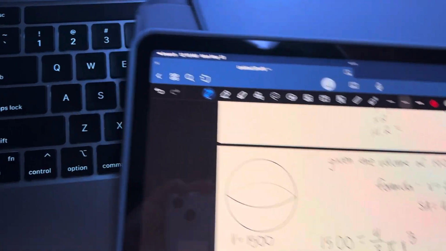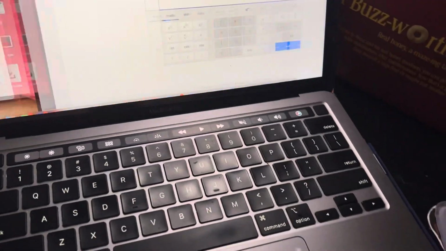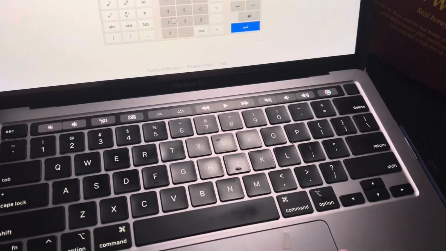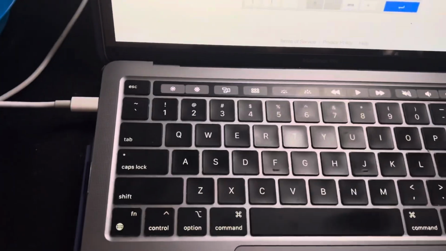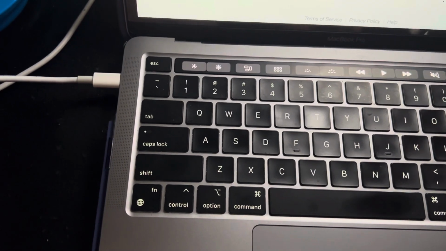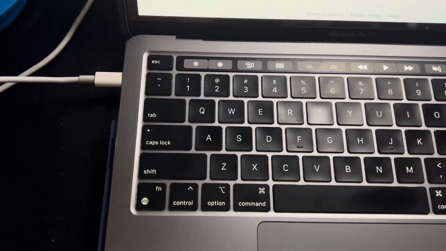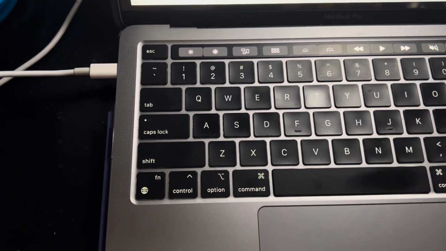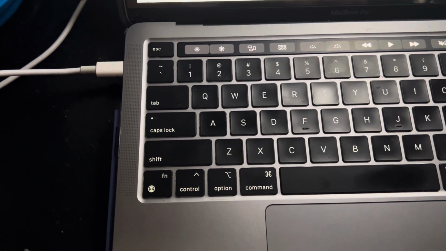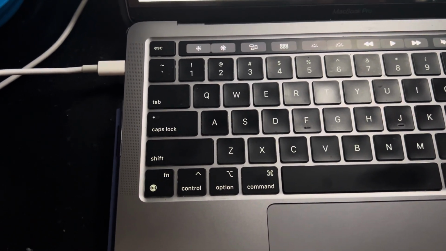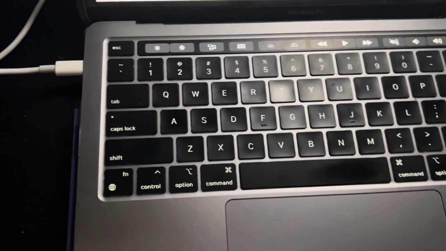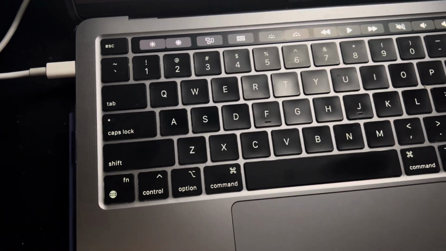So if I go into my calculator, which is on my computer, it's 4 divided by 3 times 3.14, which is 4.19.